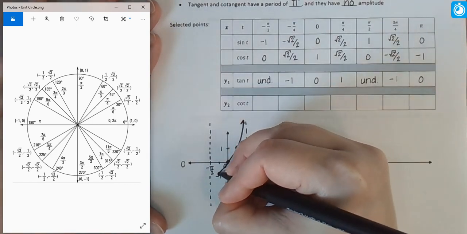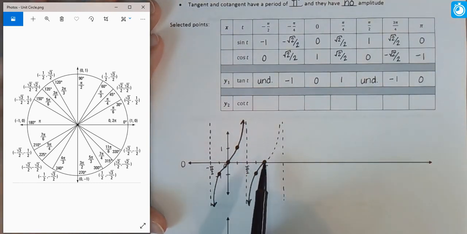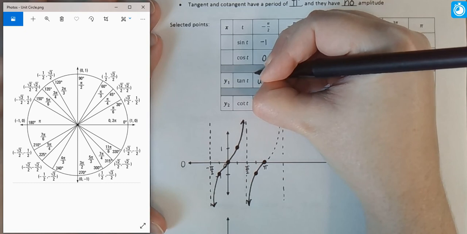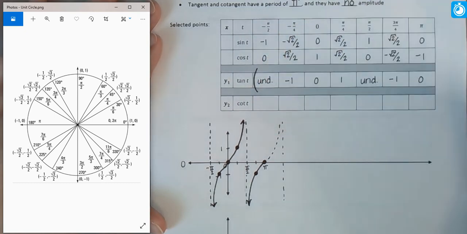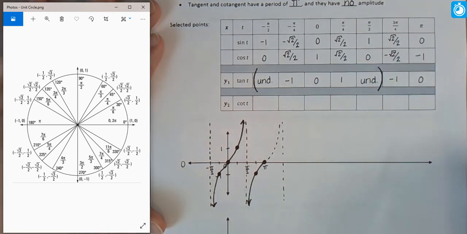So we would continue that branch down there. So rather than graphing from 0 to pi, when we look at tangent, we're specifically going to graph from negative pi over 2 to pi over 2. That's going to be our standard period when we graph our tangent.